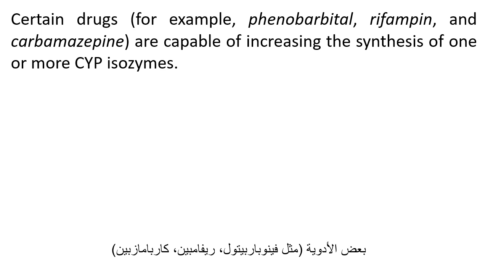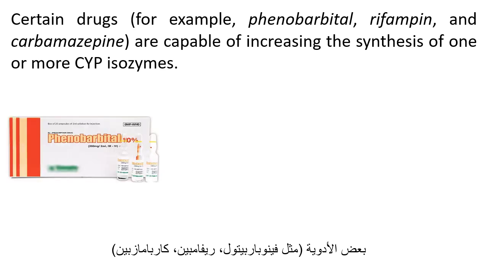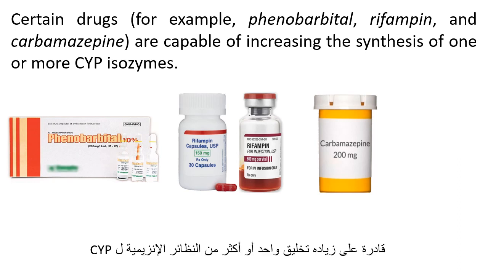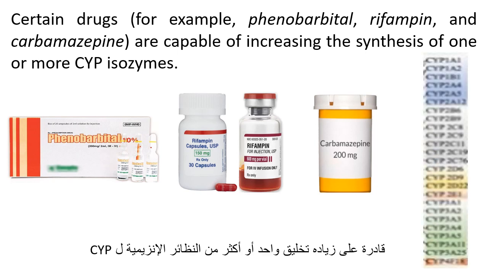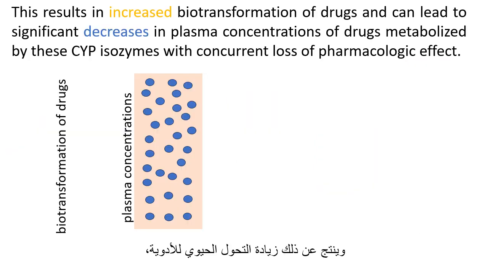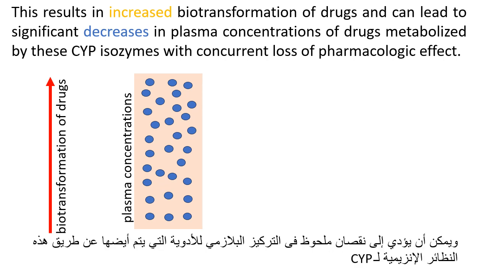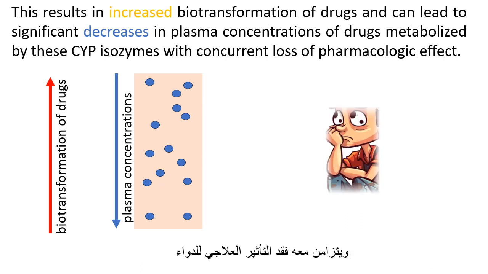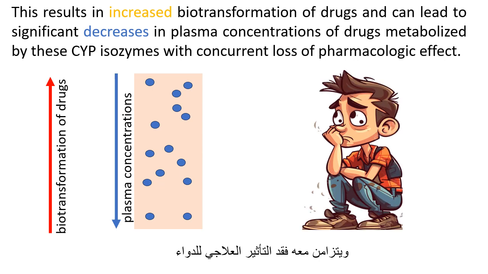Certain drugs, for example, phenobarbital, rifampin, and carbamazepine, are capable of increasing the synthesis of one or more CYP isozymes. This results in increased biotransformation of drugs and can lead to significant decreases in plasma concentrations of drugs metabolized by these CYP isozymes with concurrent loss of pharmacologic effect.